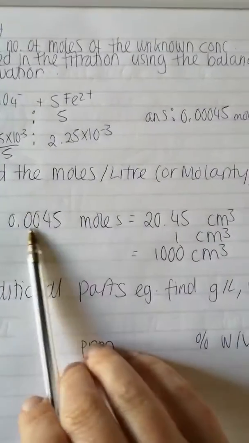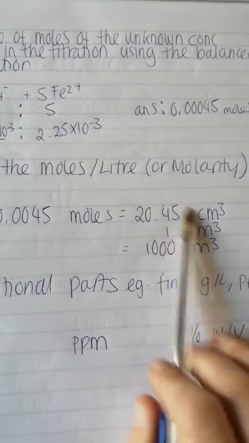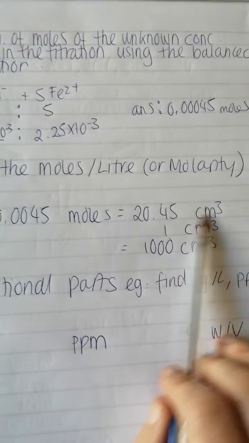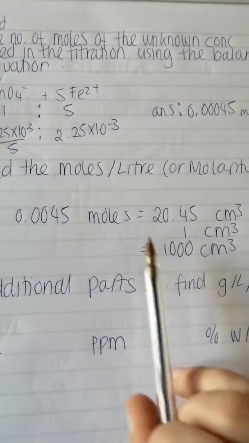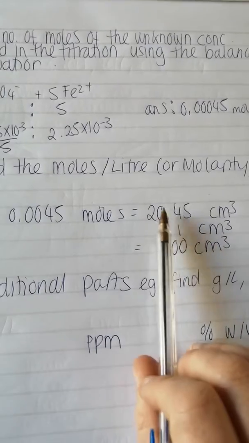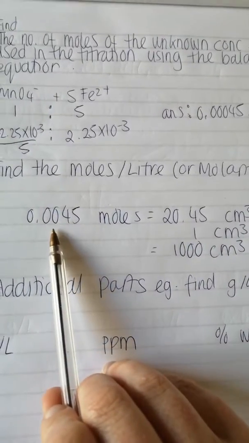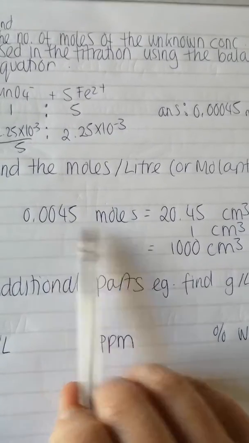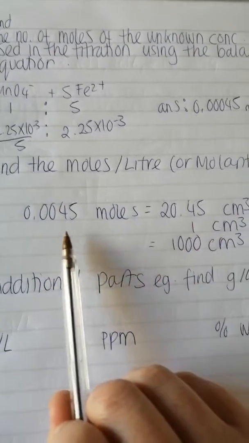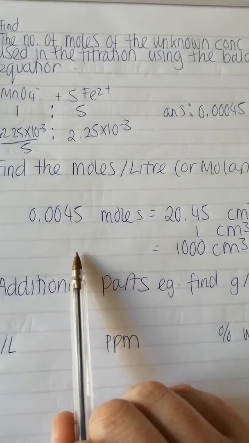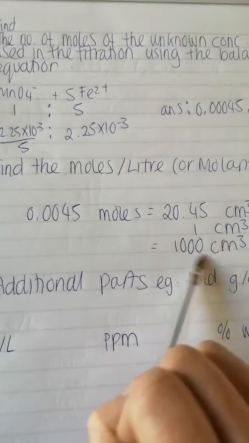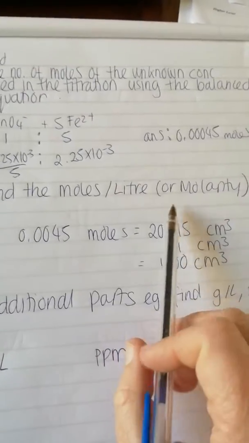Find out how many moles there would be in 1 centimetre cubed. So we divide this by that number. So it will be this number divided by 20.45. That will tell me the number of moles in 1 centimetre cubed. And then multiply it by 1,000 to find out the number of moles in a litre, which is your molarity, the concentration.